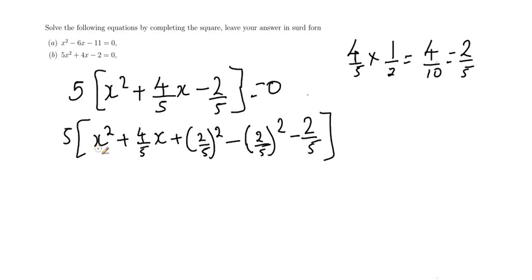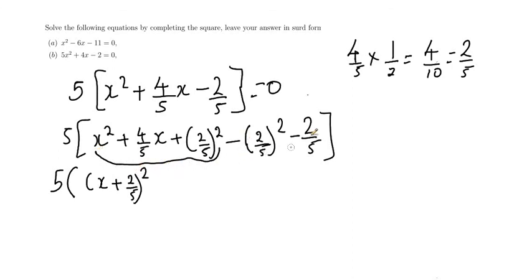So we have 3 terms here which we can easily factorize by just picking the x there, and then we pick what is inside the brackets there. It's 2 over 5, then put the square, or square it rather. So we have factorized that part.